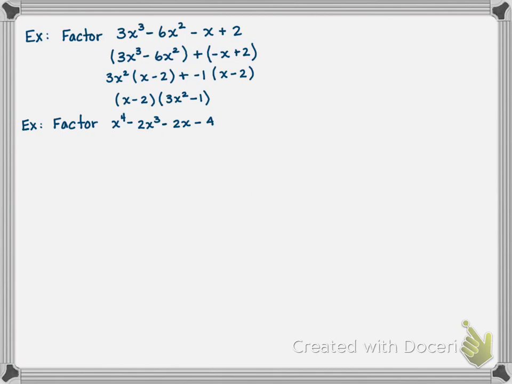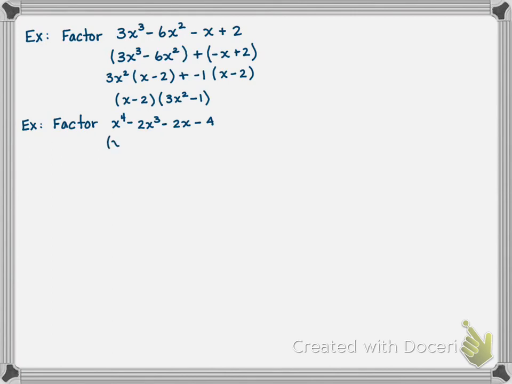I know it's redundant that I keep saying these things, but these are the things you want to run through, because as these get more complex, you will have to do some rearranging and factoring out negatives and factoring out GCFs to begin with. So you always want to run through those 3 questions first, and then we see that there's 4 terms here, and so we're going to group.